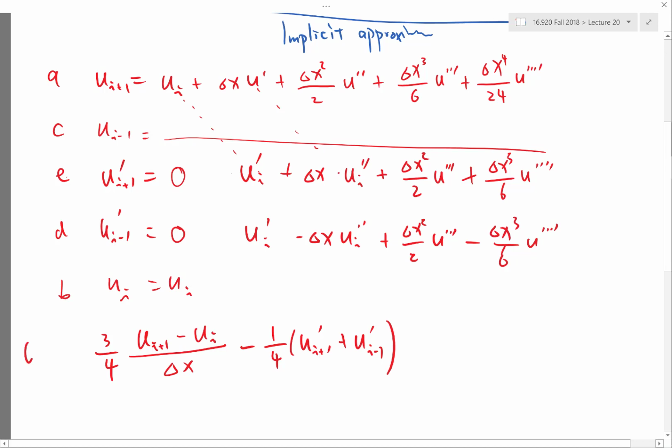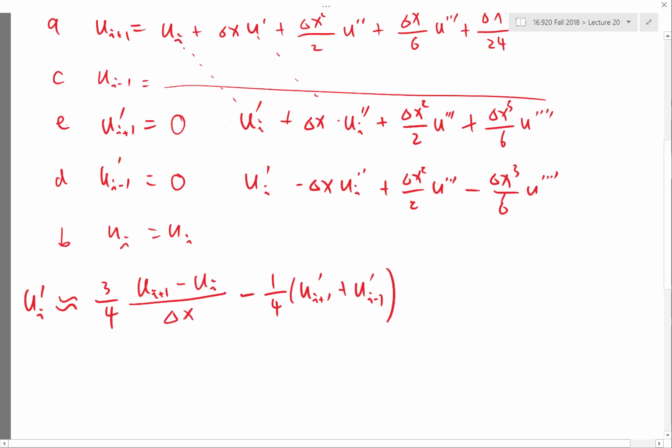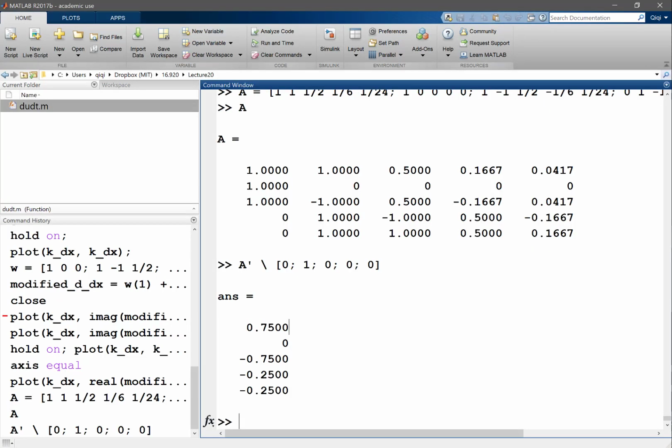So that's how ui prime is approximated. Oh yeah, ui minus 1, thank you. Yes, because the B term turned out to be 0, right?